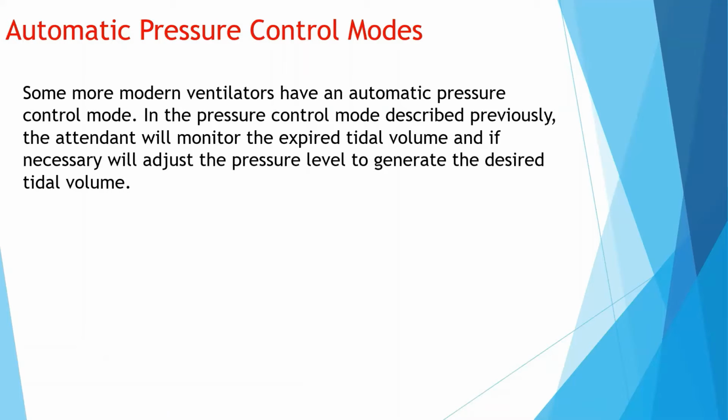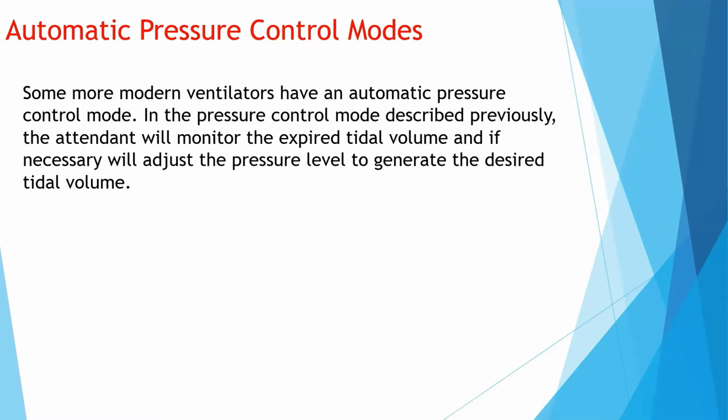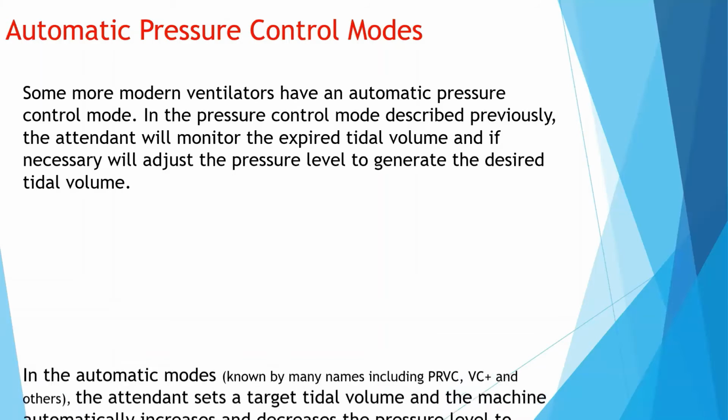Some more modern ventilators have what could be referred to as an automatic pressure control mode. In the pressure control mode described previously, the attendant will monitor the expired tidal volume and, if necessary, will adjust the pressure level to generate the desired volume.